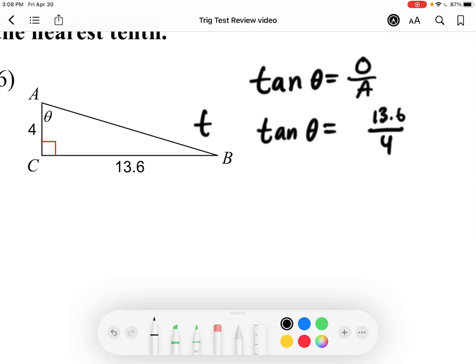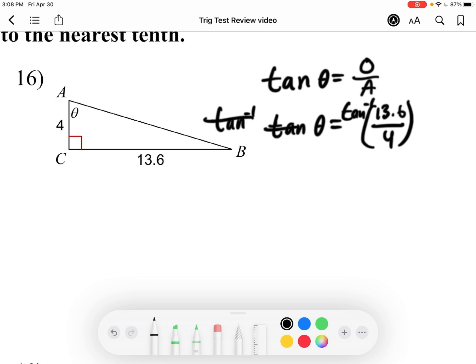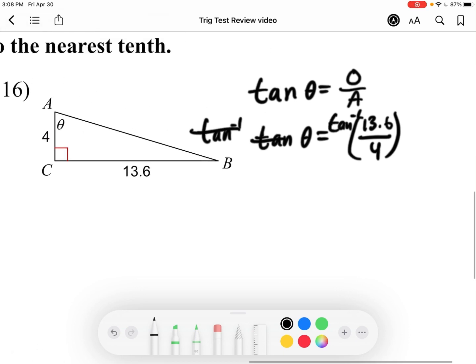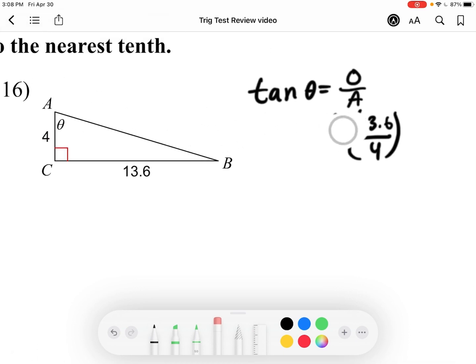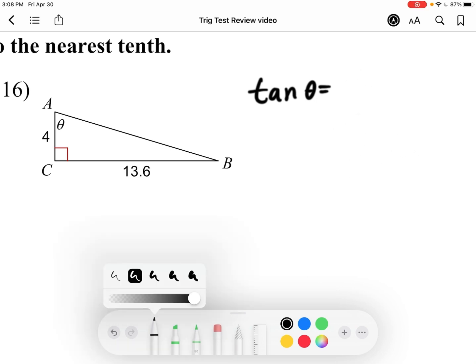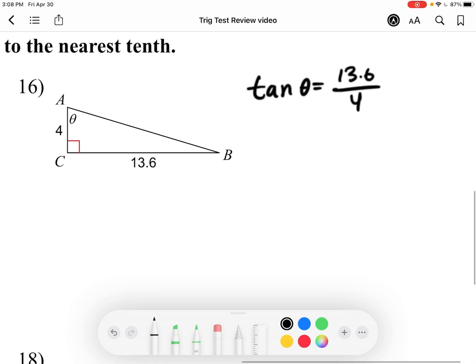So we're going to use the inverse of tangent function. These are going to cancel each other out, and on the left side we're left with the inverse of tangent of 13.6 over 4. All you have to do at this step is replace opposite and adjacent, and to write in terms of theta, you get rid of tangent.